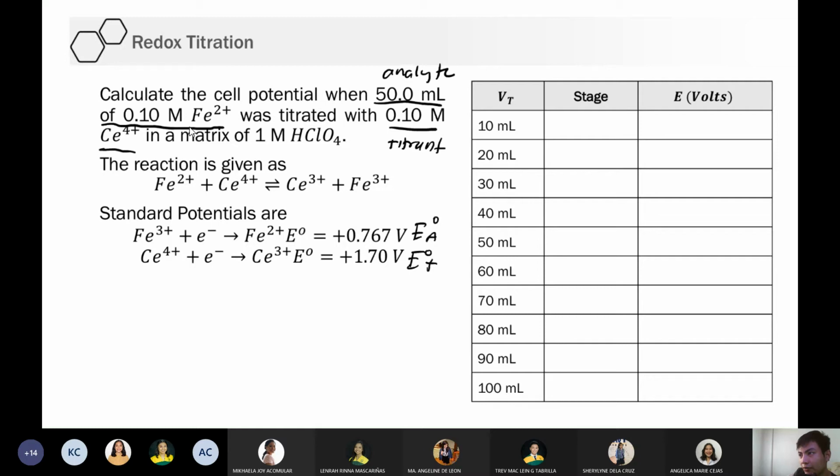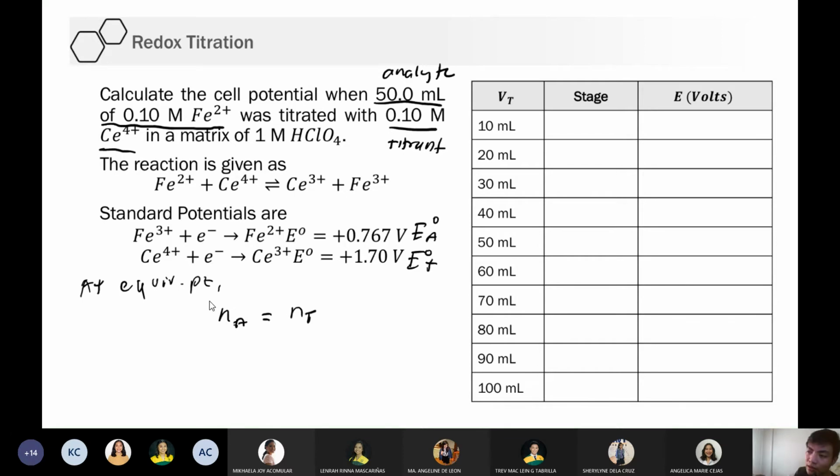Una mo pang gagawin, after identifying sino analyte, sino titrant, you will find the volume of titrant at equivalence point. Okay? Kasi yung volumes na to, iba-ibang stages yon. So for you to know the correct equation for each stage, kailangan alam mo yung equivalence point. So like acid-base titration, we know at equivalence point, that is mole analyte equals mole titrant.